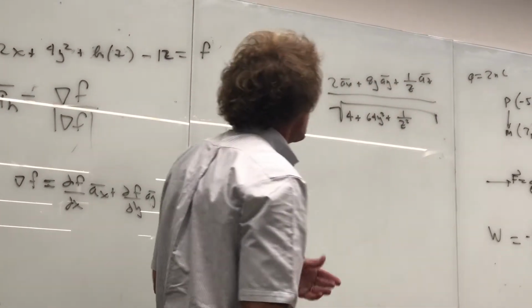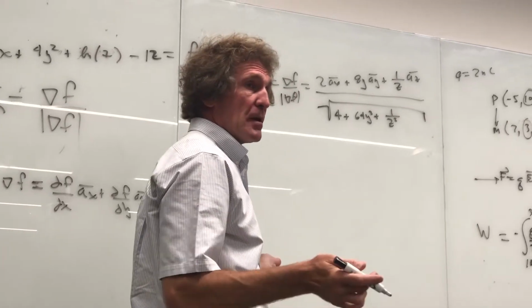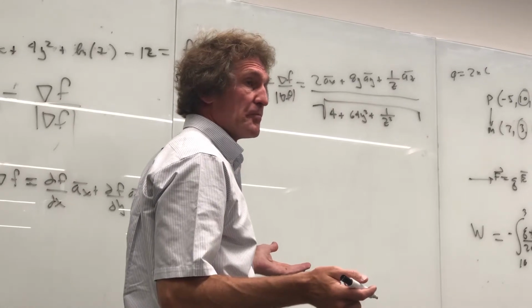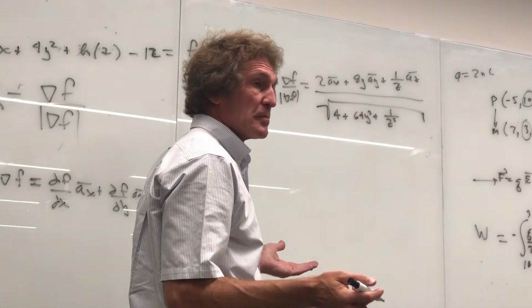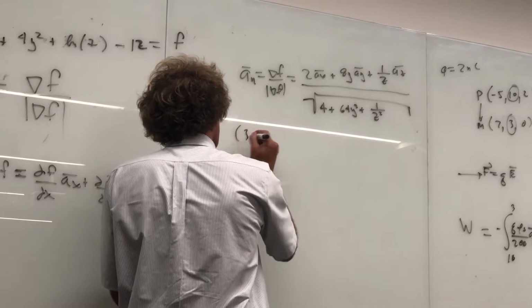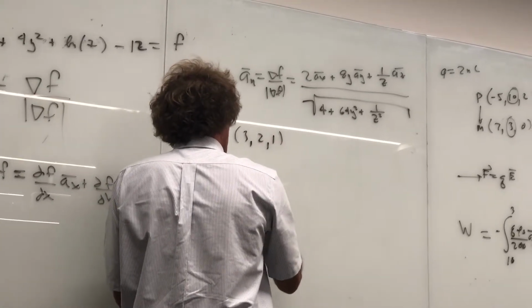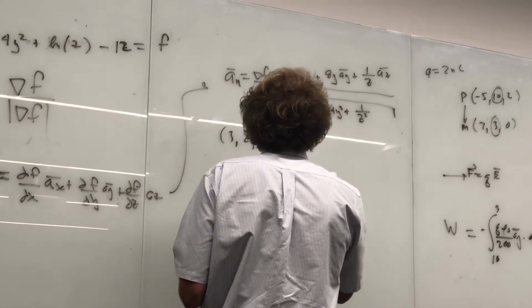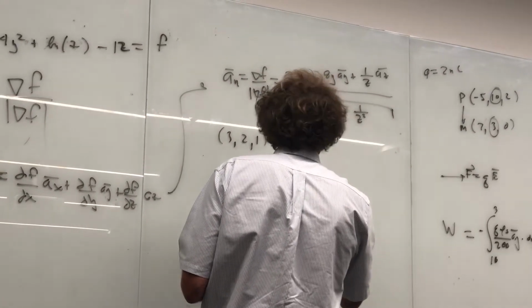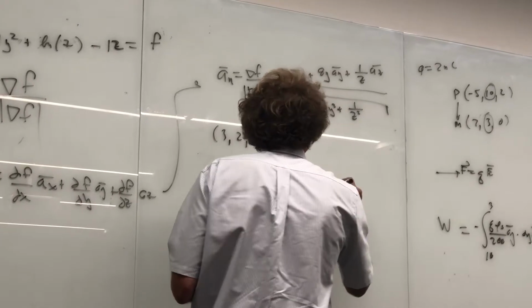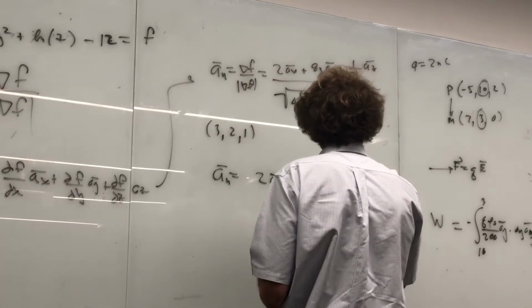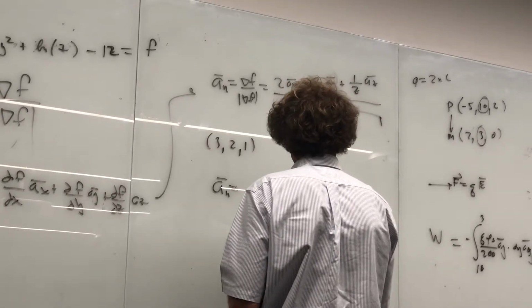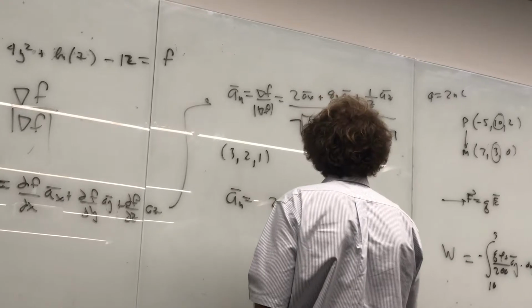Now, at a given point, you can evaluate that. Do they give you a point they wanted to evaluate that? They do? What is it? 3, 2, 1. Yeah, 3, 2, 1. All right, that means a normal at 3, 2, 1 would be 2ax plus 16ay plus az, all over the square root of 4 plus 16 squared plus 1.